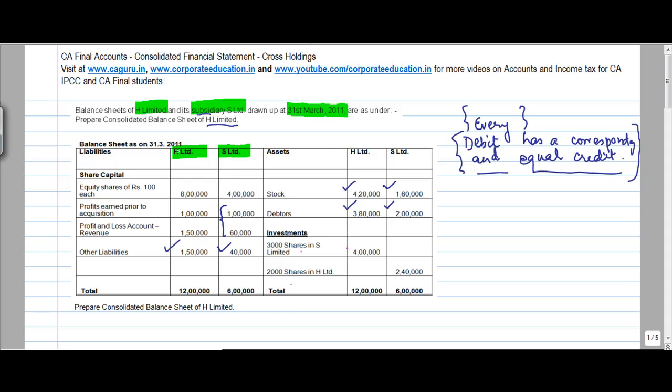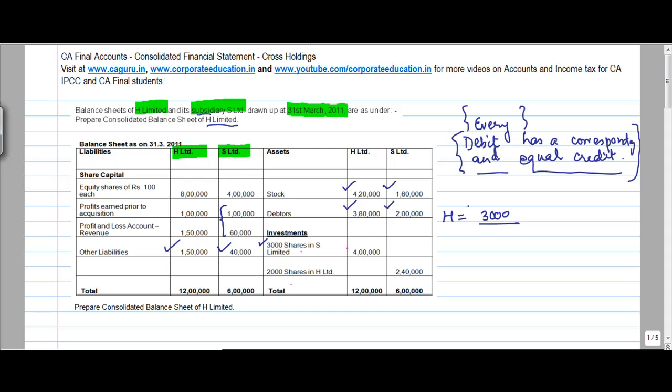Now how much is that? Well, I really don't know. So I put in some stuff here. Now how much does H Limited hold in S Limited? H Limited holds 3,000 shares. It's given here.